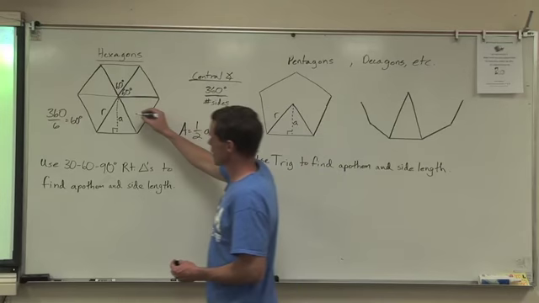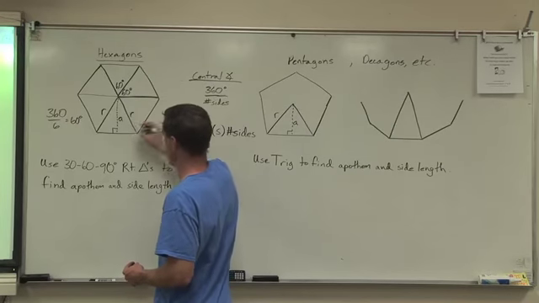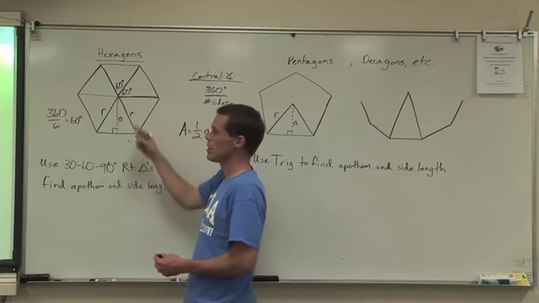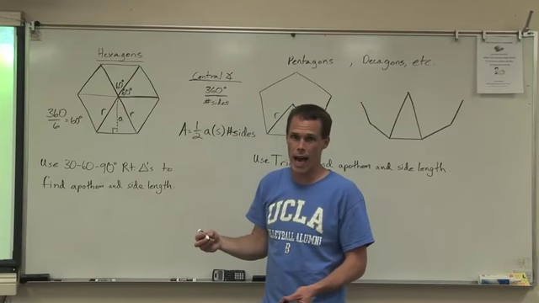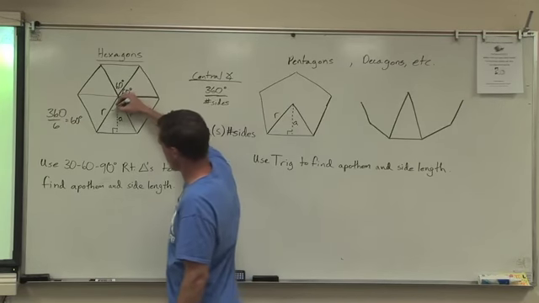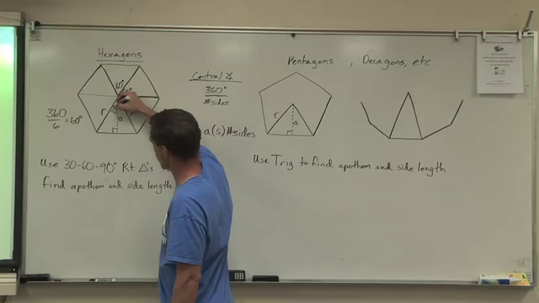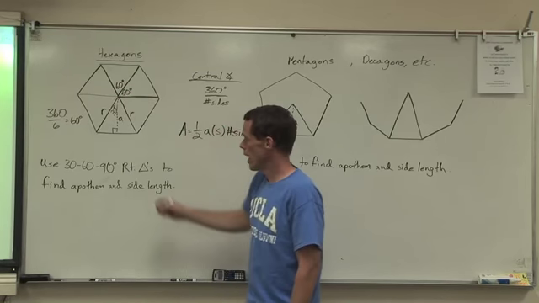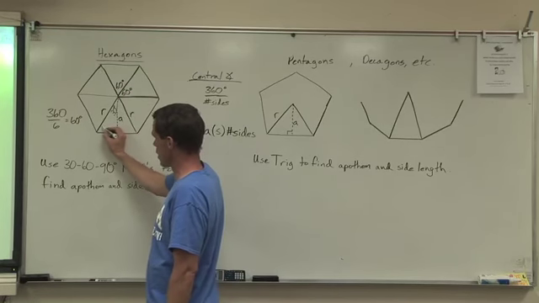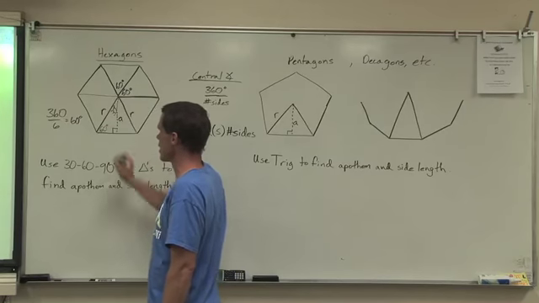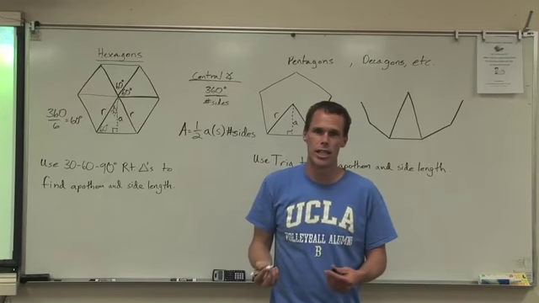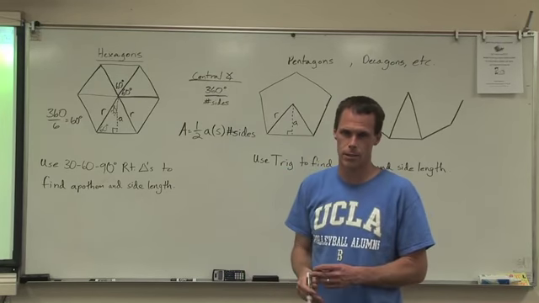Given that this is an isosceles triangle, it's now becoming equilateral. The 60 is going to be cut in half so that this is 30 degrees here. And now that means with the 90 degrees here that this is 60. And we have a 30, 60, 90 right triangle.